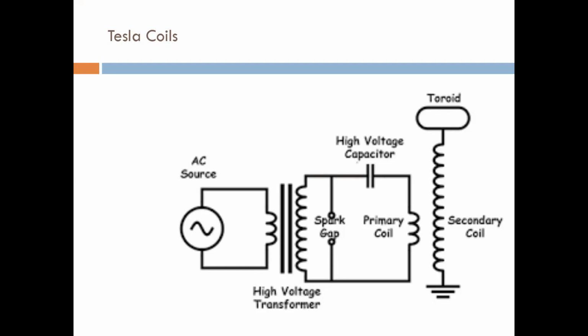Both the windings are tuned to a frequency. Remember, primary and secondary are tuned to a frequency of 10 to 100 kilohertz by means of capacitances C1 and C2. See here, the capacitance is given; C2 is also put on this side.